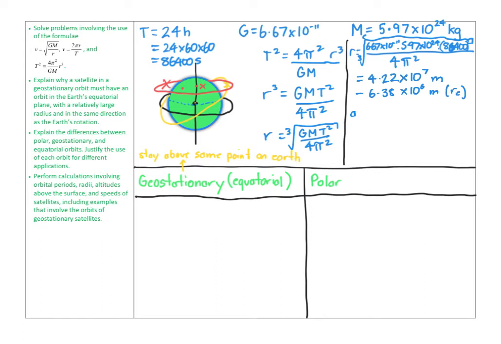So that gives us a height or an altitude above the surface of the Earth of, let me just work that out in the calculator, 3.58 times 10 to the 7 meters, or 35,800 kilometers if we want to get that into kilometers, which is maybe a little bit easier to imagine.